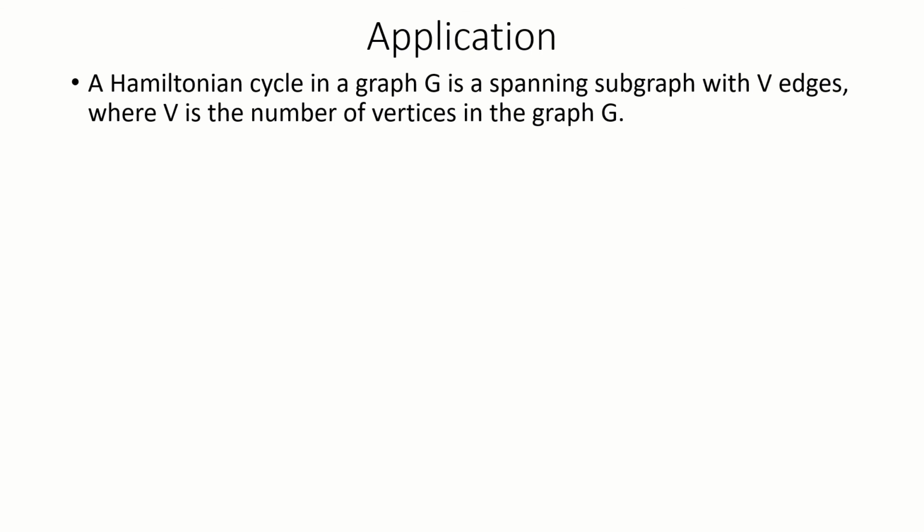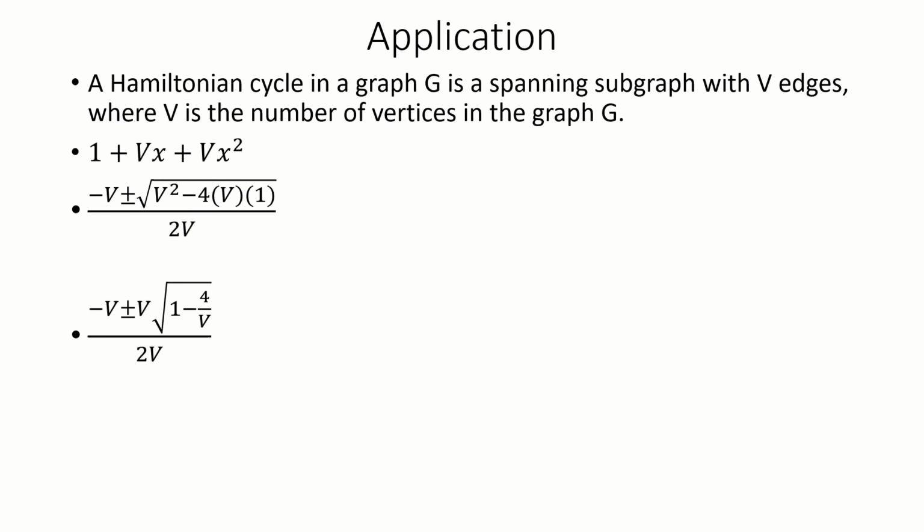This means that its clique polynomial is 1 plus Vx squared. The max real root of this clique polynomial is this, by the quadratic formula: negative 1 plus the square root of 1 minus 4 over V, all over 2.